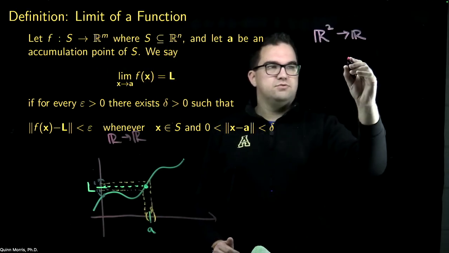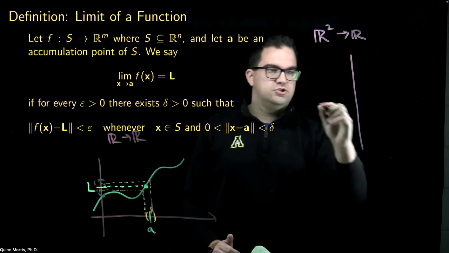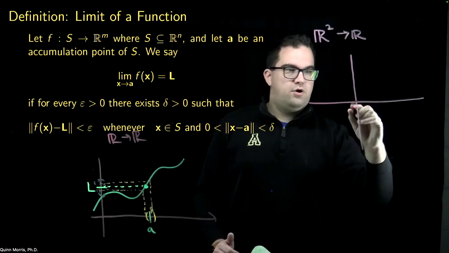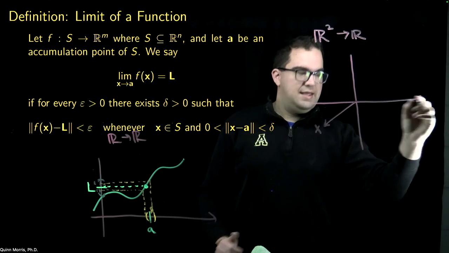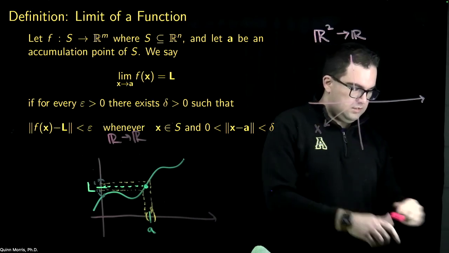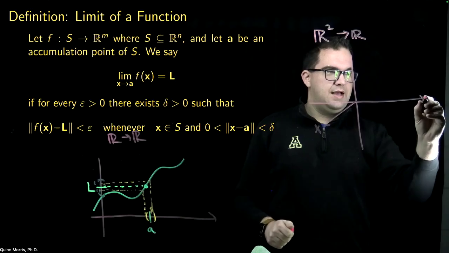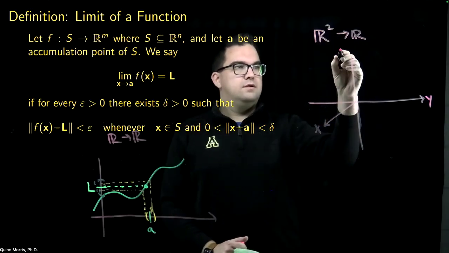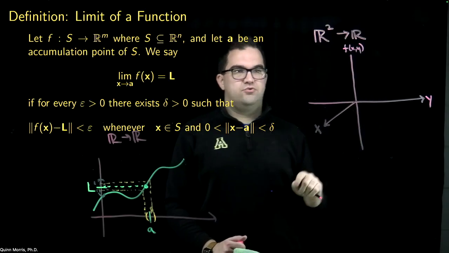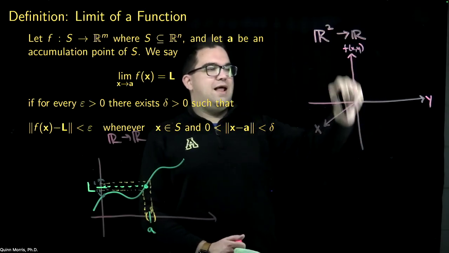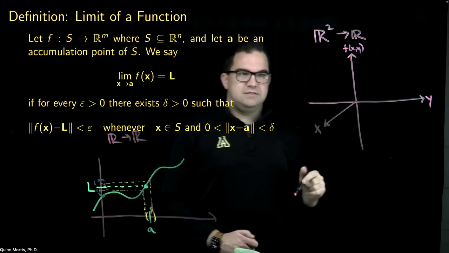Now, I do this because we can visualize these functions by drawing a plot in R3 where our domain is given here in the xy plane, and then we're thinking about some function f of xy. It's just giving us a real number output, and we plot that output here on the z-axis.